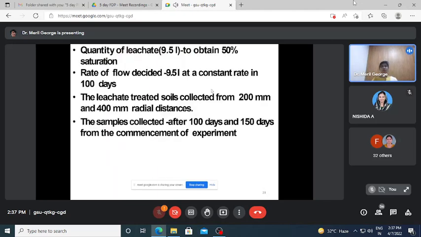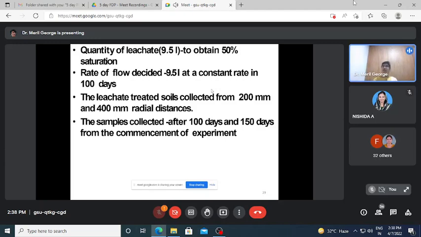Regarding the quantity of leachate, the total quantity I used was 9.5 liters. How it was calculated: after passing the entire leachate to the soil in the tank, we should obtain approximately 50% saturation.